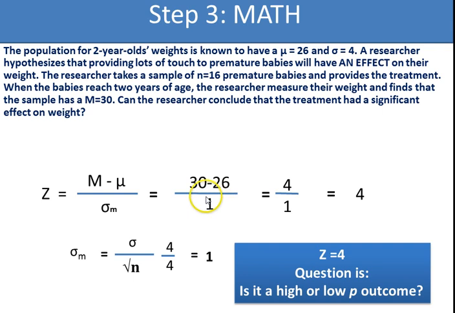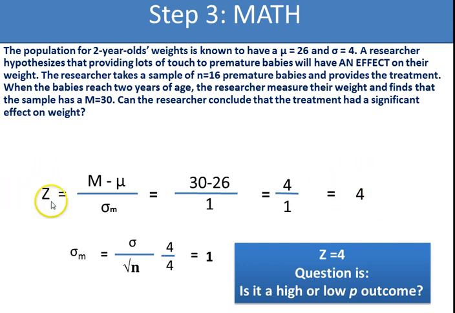So with the standard error of 1, we've taken care of the denominator of the Z hypothesis test, and now we can put in the sample mean of 30 minus the population mean of 26, which would give us 4, divide that by the standard error, and we would wind up with a mathematical outcome of 4.